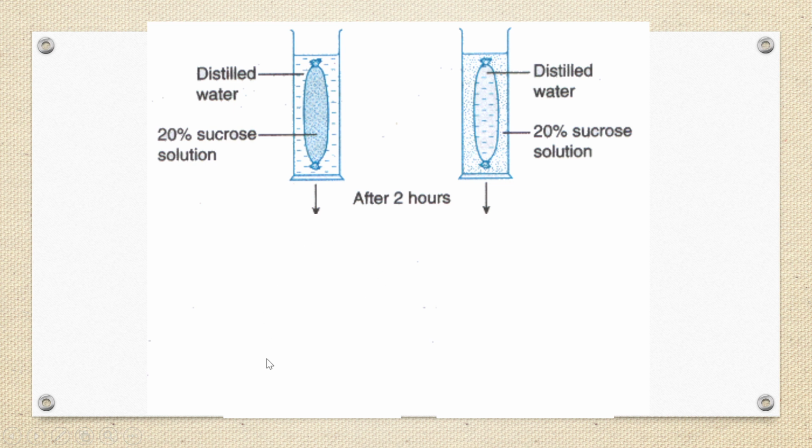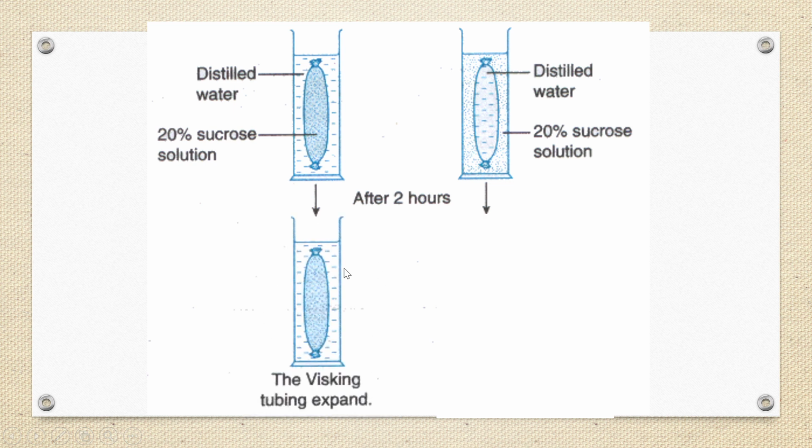So you expect to see this will be the observation. If you are asked to write down the observation, then you write this down. This is what you'll be seeing: the Visking tubing is going to get firmer, or it is going to expand, increase in size after 2 hours.